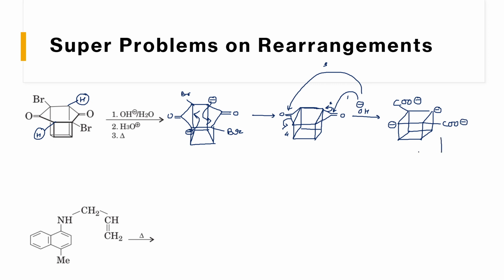ये eventually H3O plus के साथ reaction करके it will give us a dicarboxylic acid and the negative charge, the carbon ions will also turn into CH units.